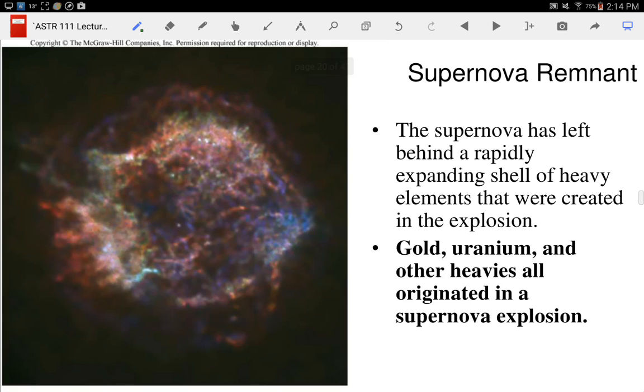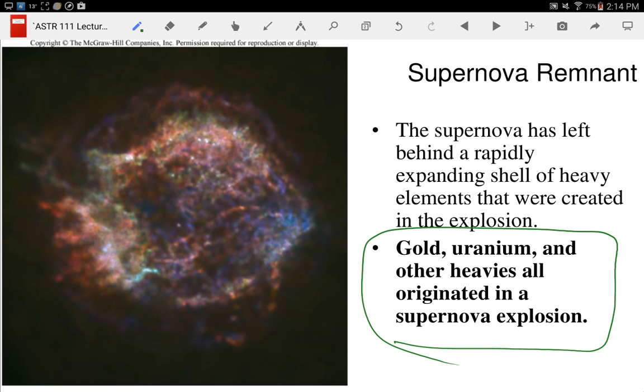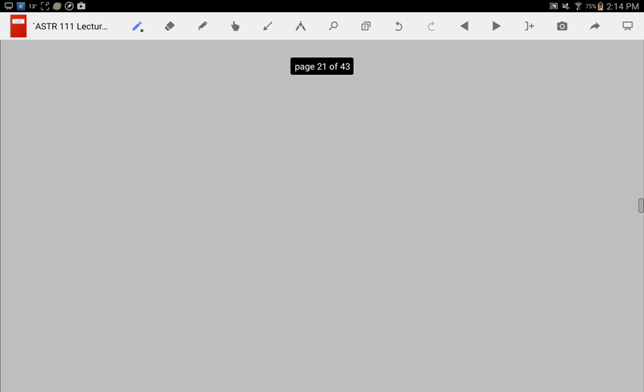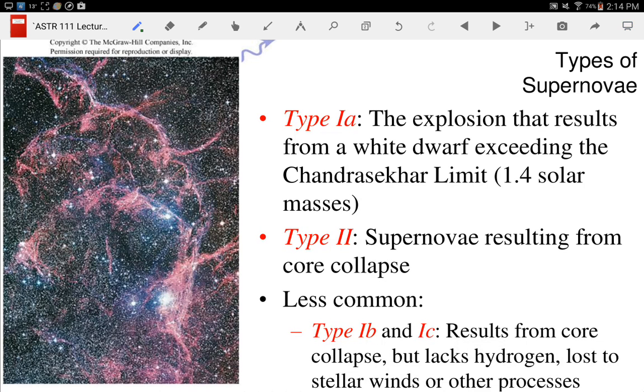Now, just a technical note, there are other kinds. Here's the words to go with that. Gold, uranium, and all other heavies originate in supernova explosions. Where was I going? Yeah, this one right here. There are other types of supernovae besides type 1a and type 2.